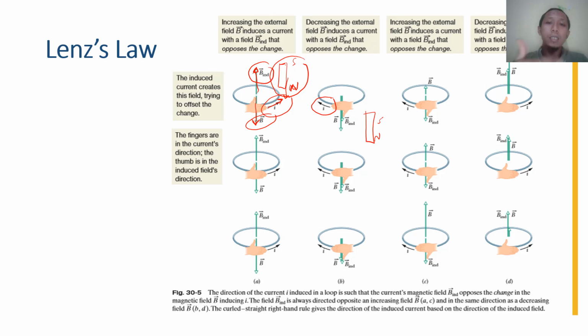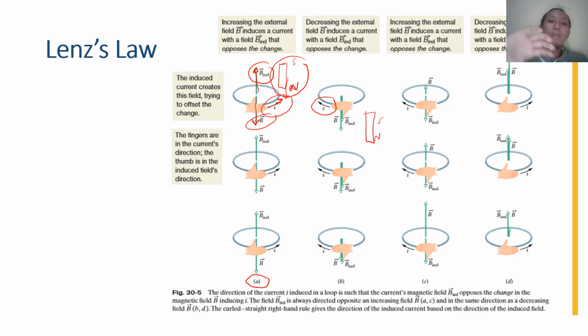So this is the B, this is the direction of B in, and the forefinger is the direction of the current. So if the B in is going from below to above, like this one, the current is generated counterclockwise.